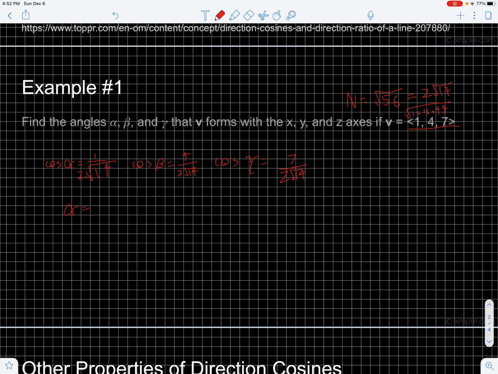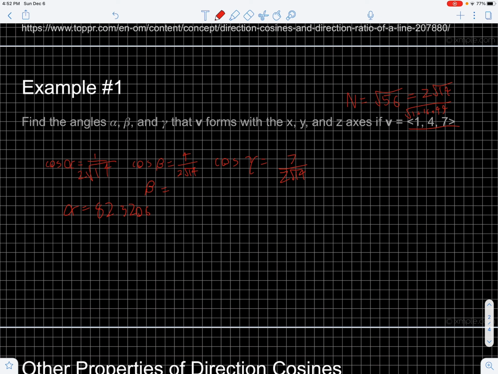We plug those into our calculator, and we'll leave the angles in degrees to make it easier to conceptualize. Alpha is the inverse cosine of 1 over 2 square roots of 14, so the vector forms an angle of 82 degrees with the x-axis.